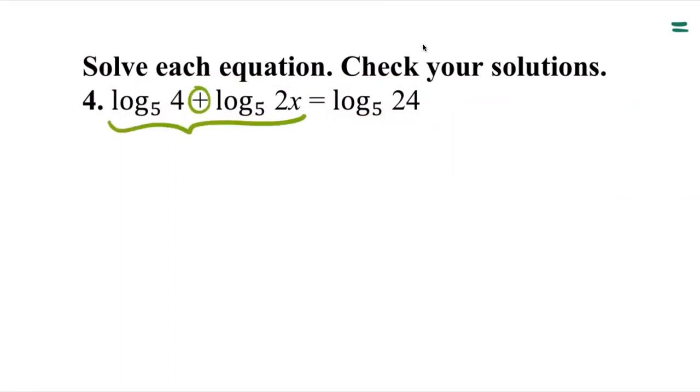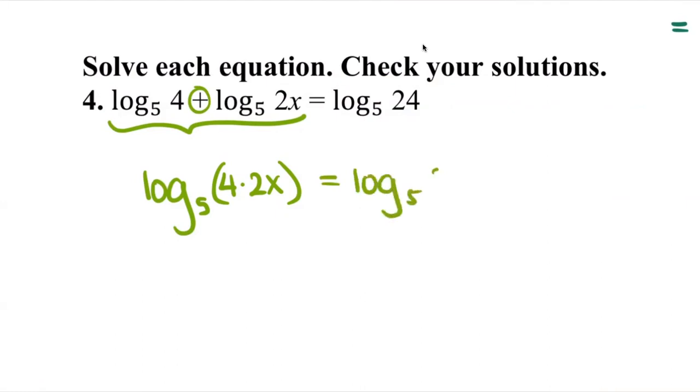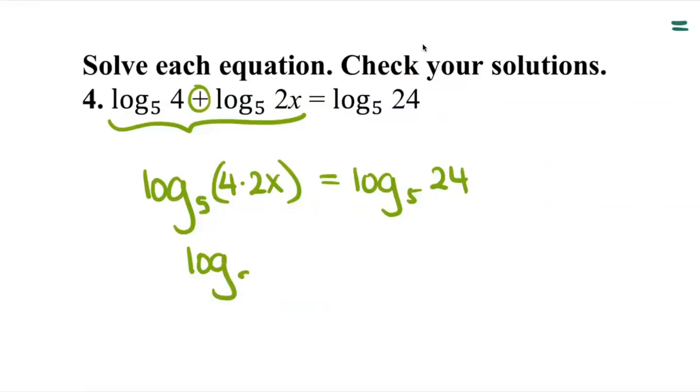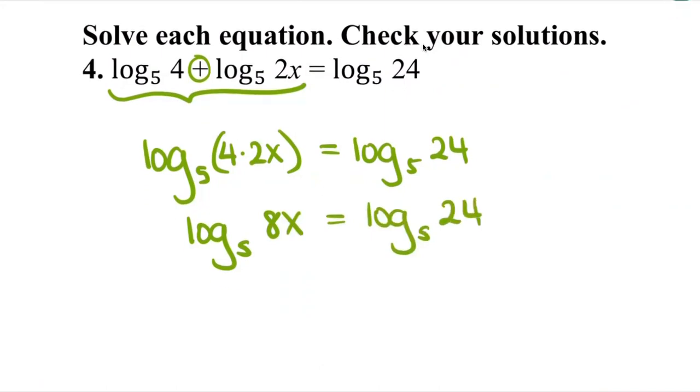Because it's addition, I know I can make that into one log with 4 times the 2x, multiplying the two arguments together. So this is log base 5 of 8x is equal to log base 5 of 24.